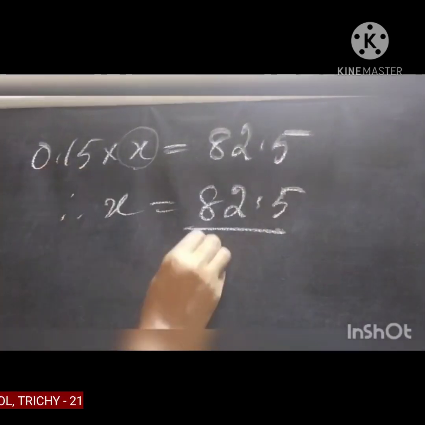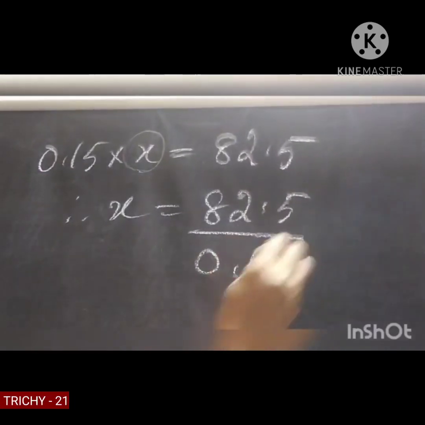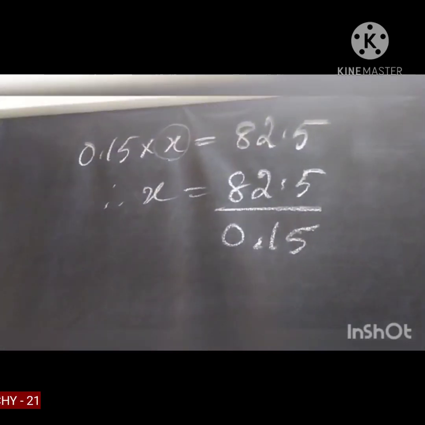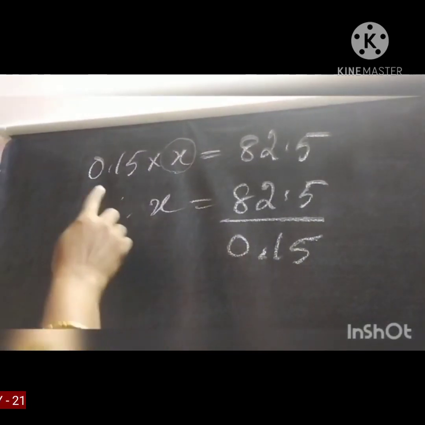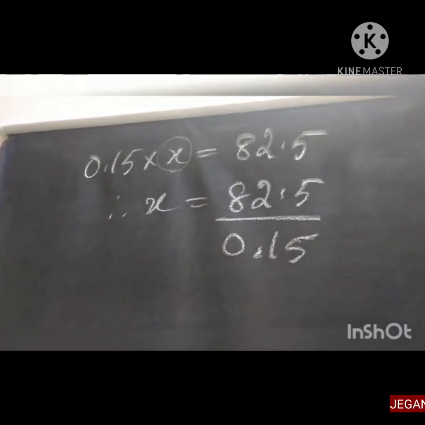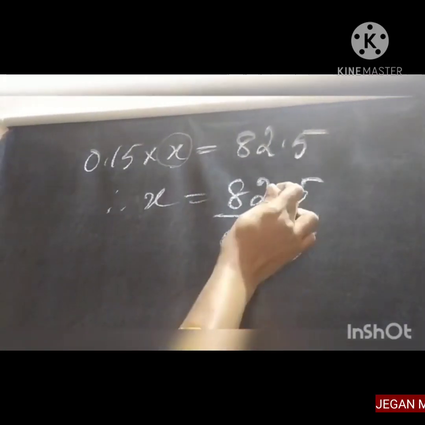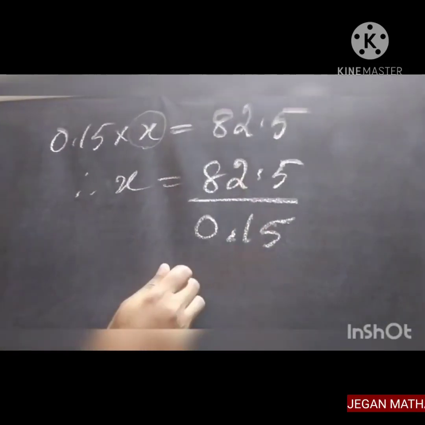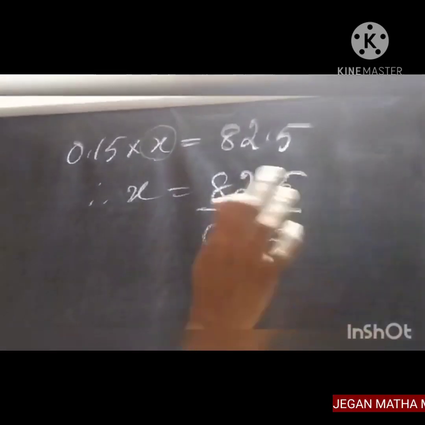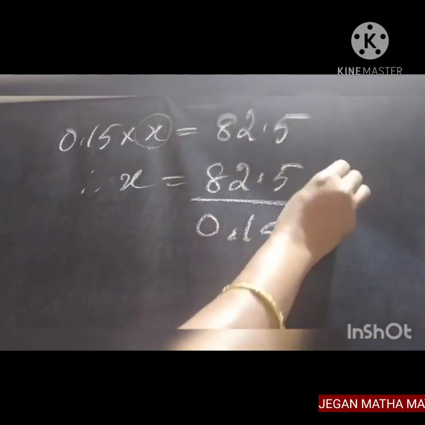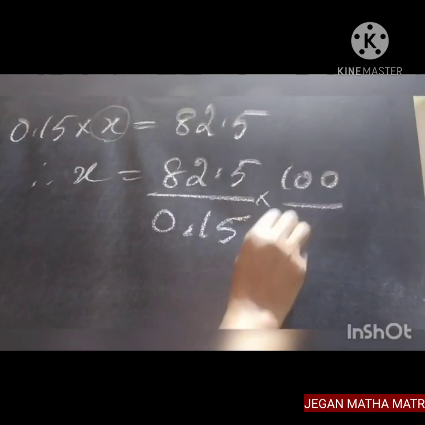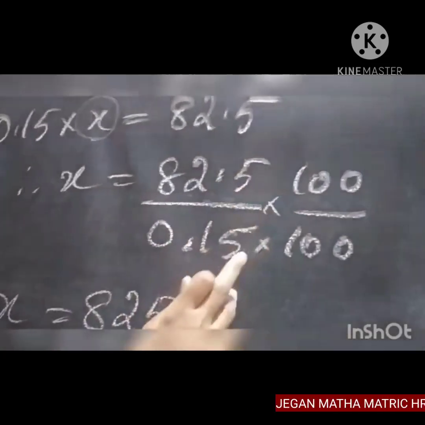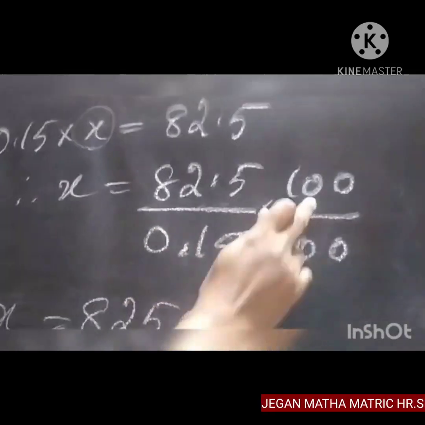So x equal to 82.5 divided by 0.15. You transfer the 0.15 to the right side, so it comes to the denominator. Now both numerator and denominator are decimal numbers, so you can't divide this directly. Change the decimal numbers to whole numbers by multiplying both numerator and denominator by 100.